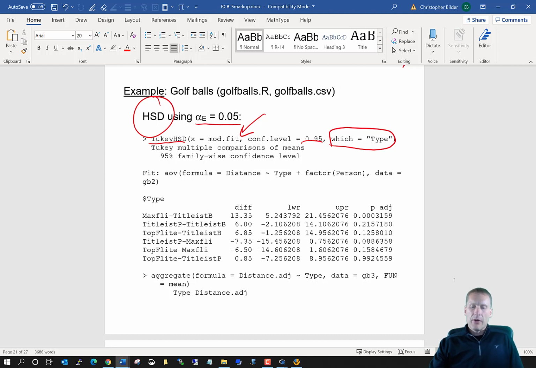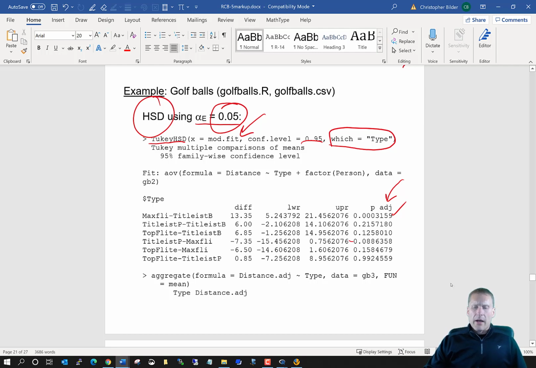And here we go. These p-values have been adjusted to account for the experiment-wise error rate. We compare 0.05 to each of these p-values. We have one p-value that's less than 0.05, and that's about it, although we do have at least one that's a little bit close.